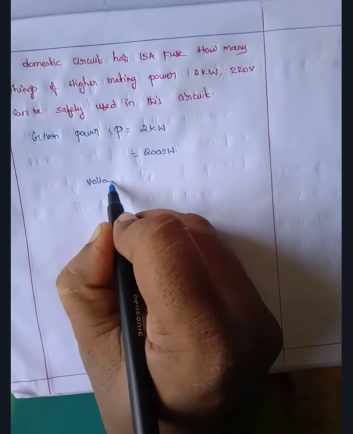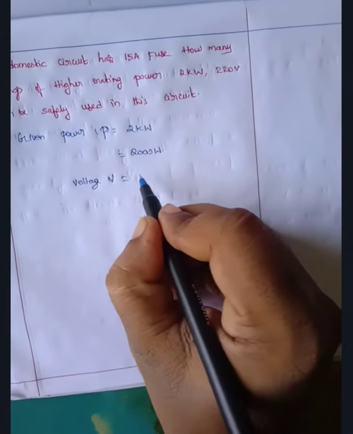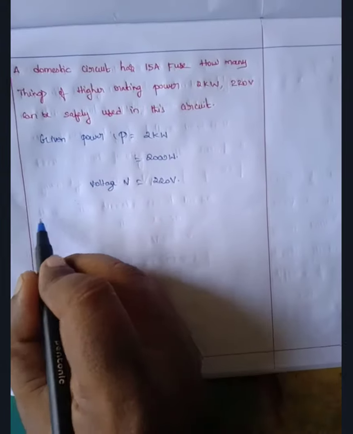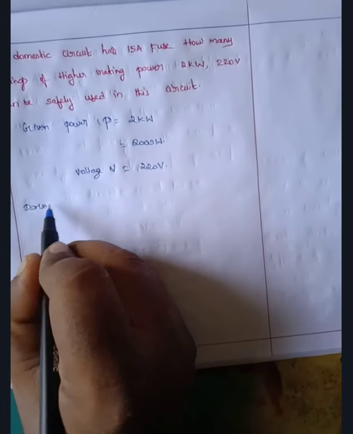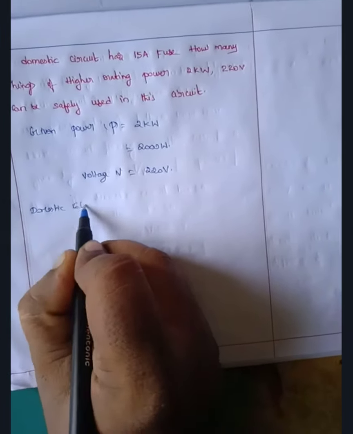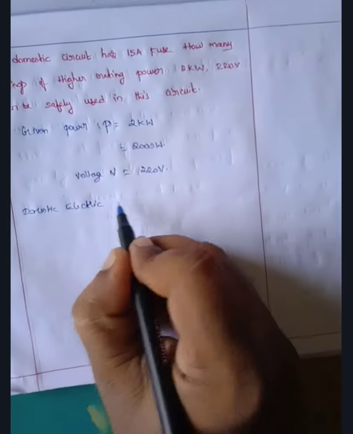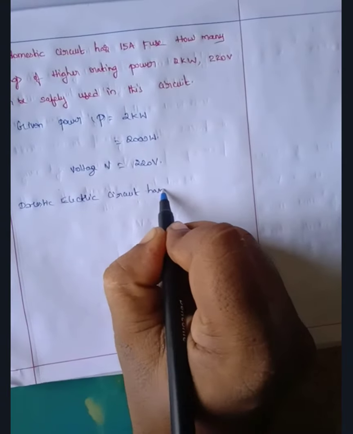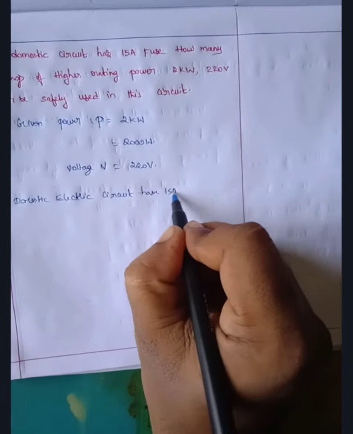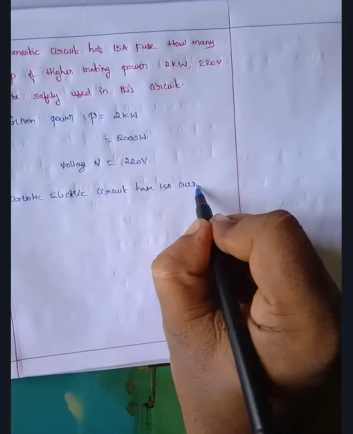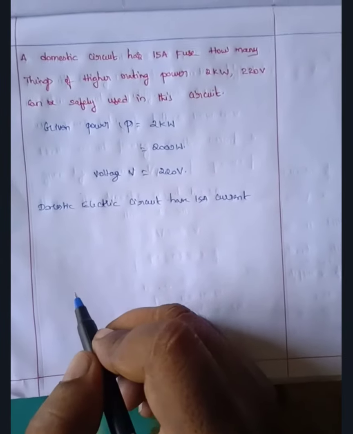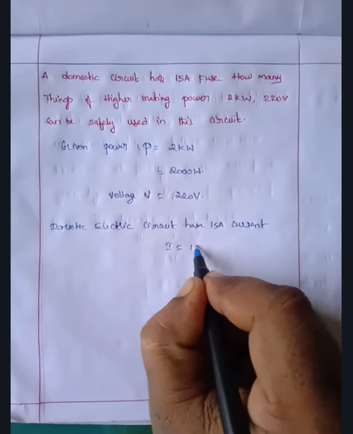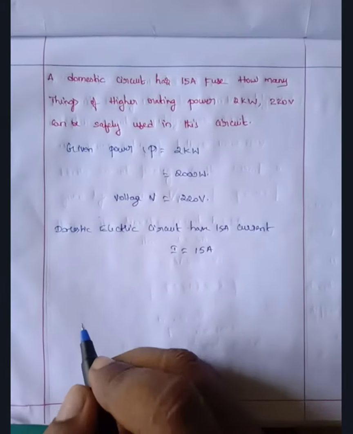Voltage V is equal to 220 volts. The domestic electric circuit has 15 amperes current, that means I is equal to 15 amperes.